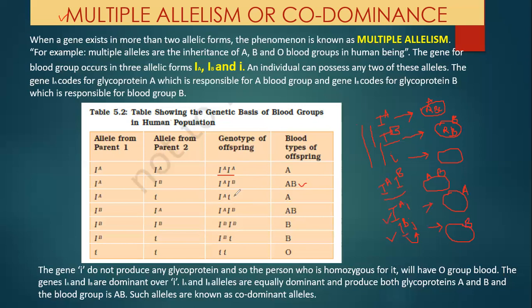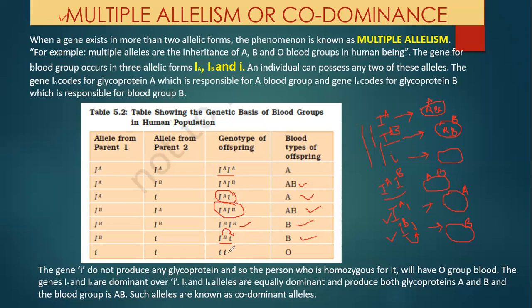If IA and small i are present in an offspring, then the IA allele is dominant over small i, and therefore the blood group will be A. If you have IB and IB, of course B will be expressed. In the heterozygous condition, IB is dominant over small i, so the blood group will be B.